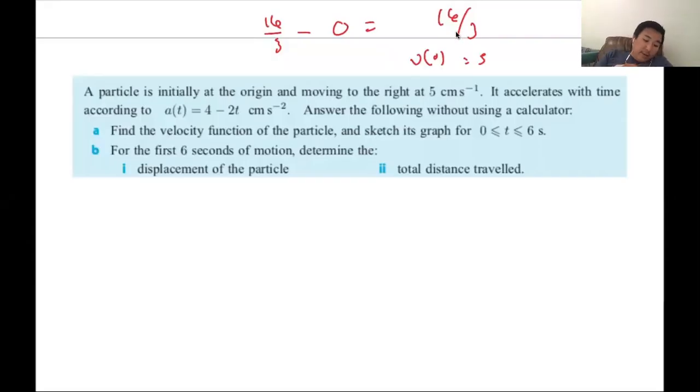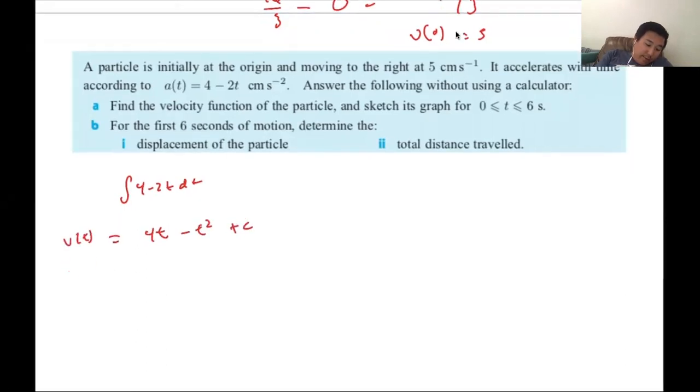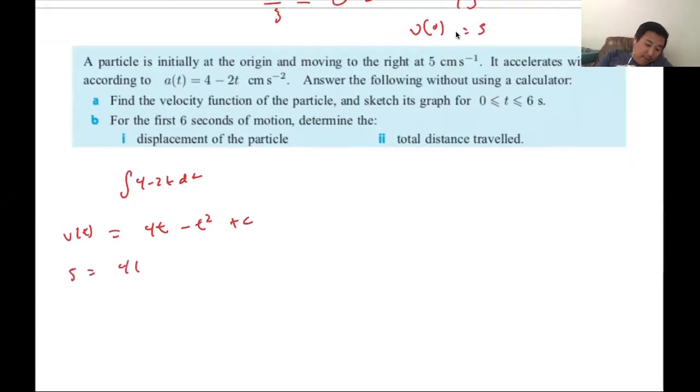So find the velocity function of the particle. Okay, so the integral of 4 minus 2t dt, so that's 4t minus t squared plus c.